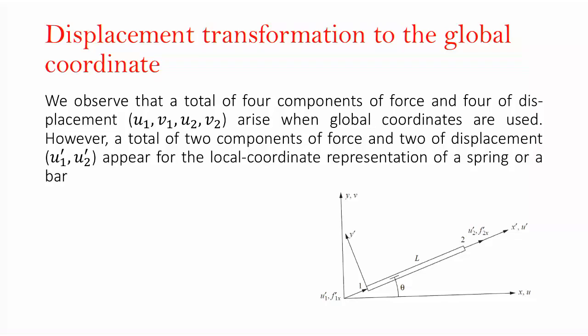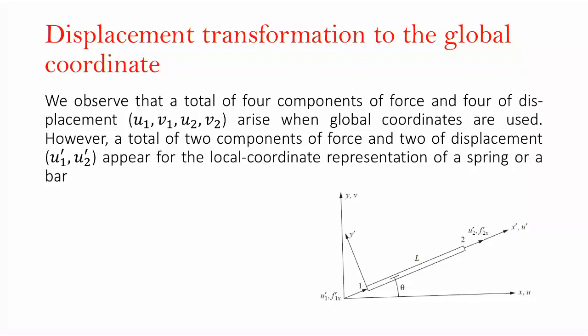How do you know that you need to use this theta, or you need to put the angle that the truss element is making with the x-axis at node number 2? So is it theta, or is it like 360 degrees minus theta?